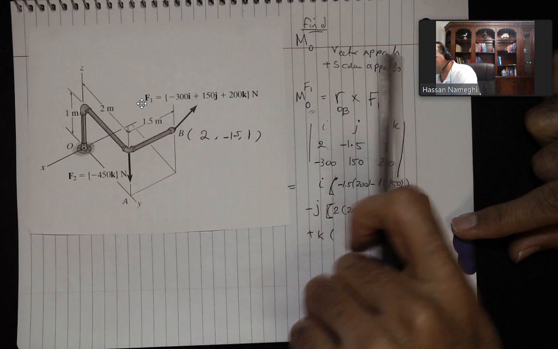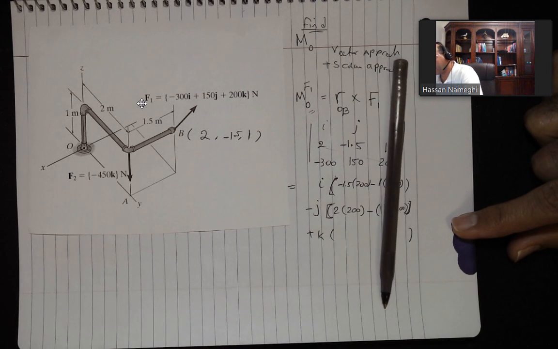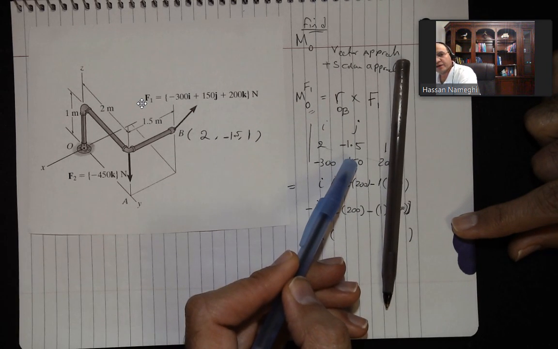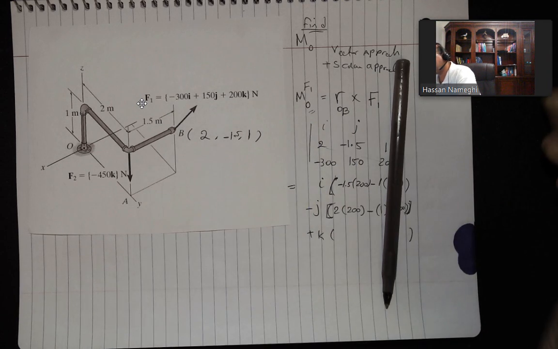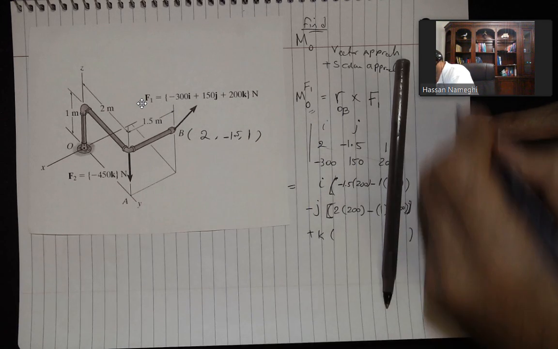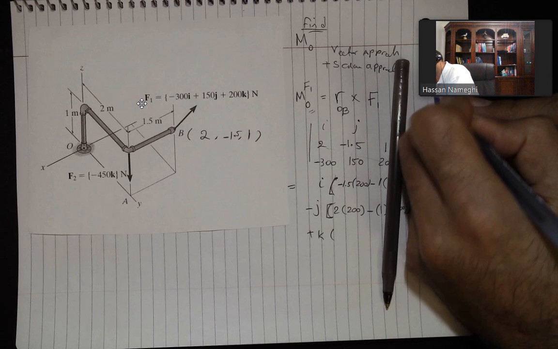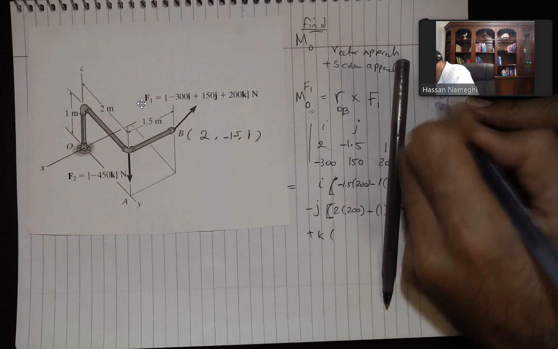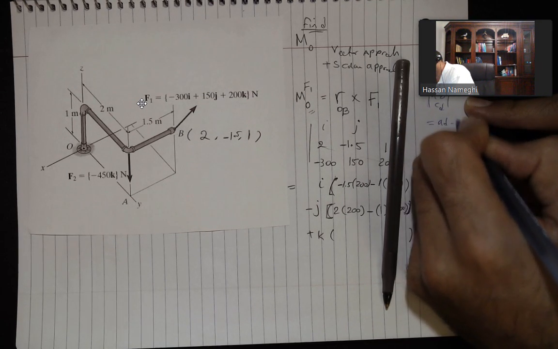Next, for the last one, the k, you cover k, and then 2 times 150. Again, you remember that if you have the little determinant a, b, c, d, you can say ad minus bc.